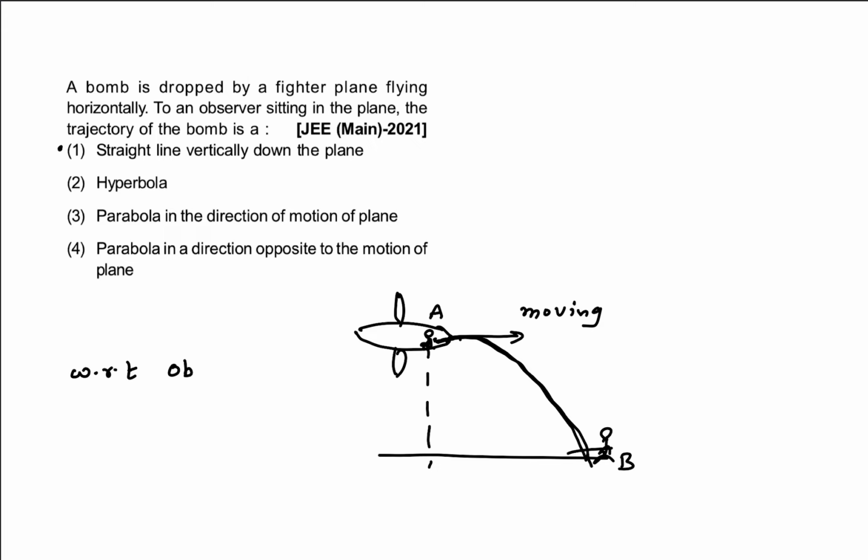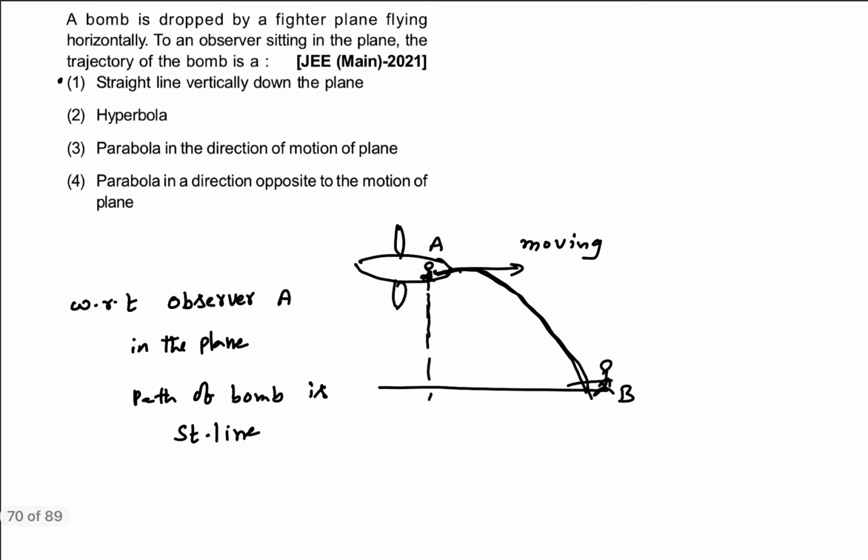With respect to observer A in the plane, the path of whatever he dropped, the path of the bomb, is a straight line. Okay, it is falling like this, you will feel.